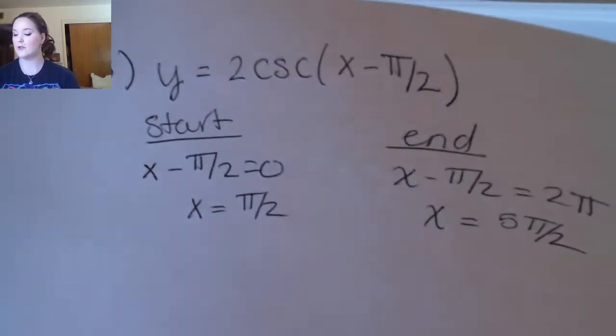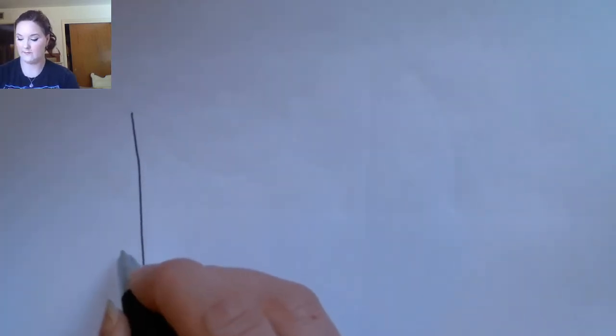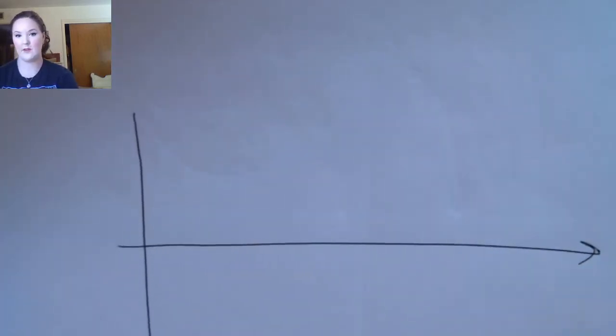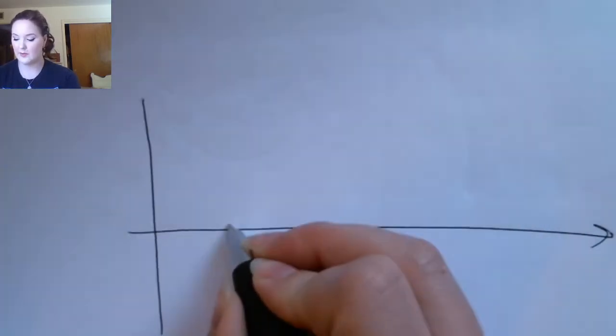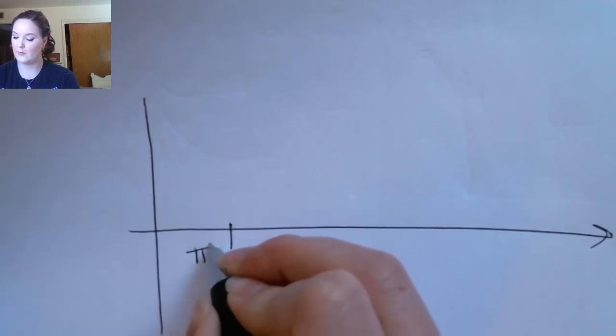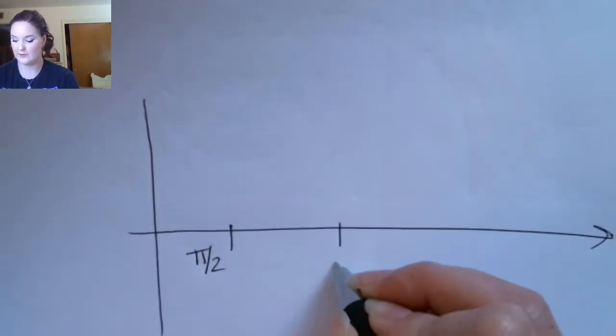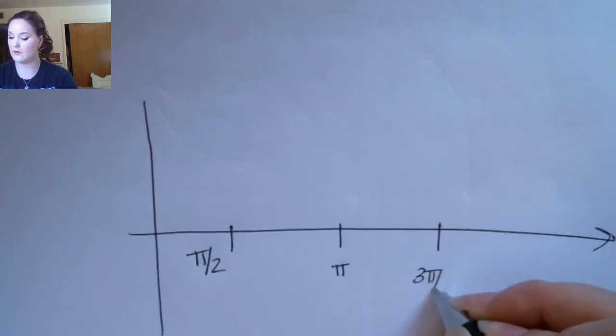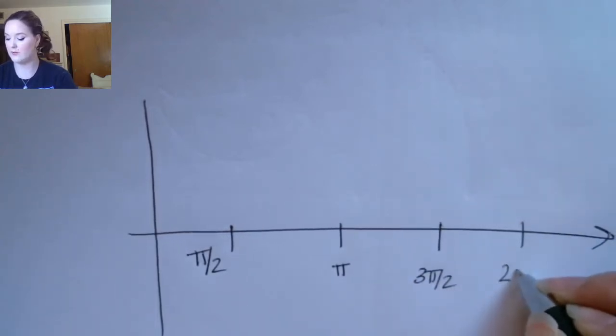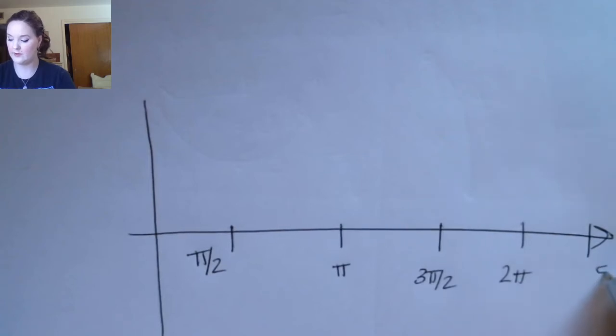Okay, so let's draw our graph. Because they're both pi over 2's, I'm just going to start by labeling pi over 2. So I'm going to go 1 pi over 2, then I'll have 2 pi over 2, 3 pi over 2, 4 pi over 2, and 5 pi over 2.